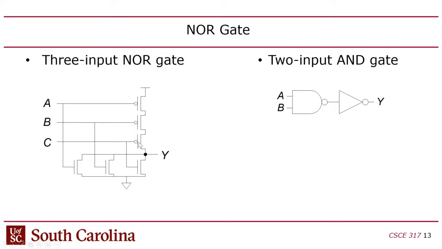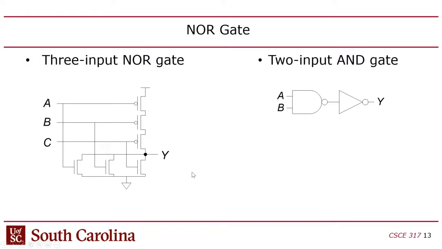So the NOR gate would have A, B, and C connected to 3 PMOSs in the pull up. So in order for the output of the NOR to be pulled up, you'd have to have 0, 0, 0 for A, B, and C. And if you have any 1s in there at all, it'll cut off this pull up and it'll turn on the pull down, because the pull down has 3 transistors in parallel. If any one of those is activated, meaning if any one of the inputs is a 1, you'll pull the output down to ground.